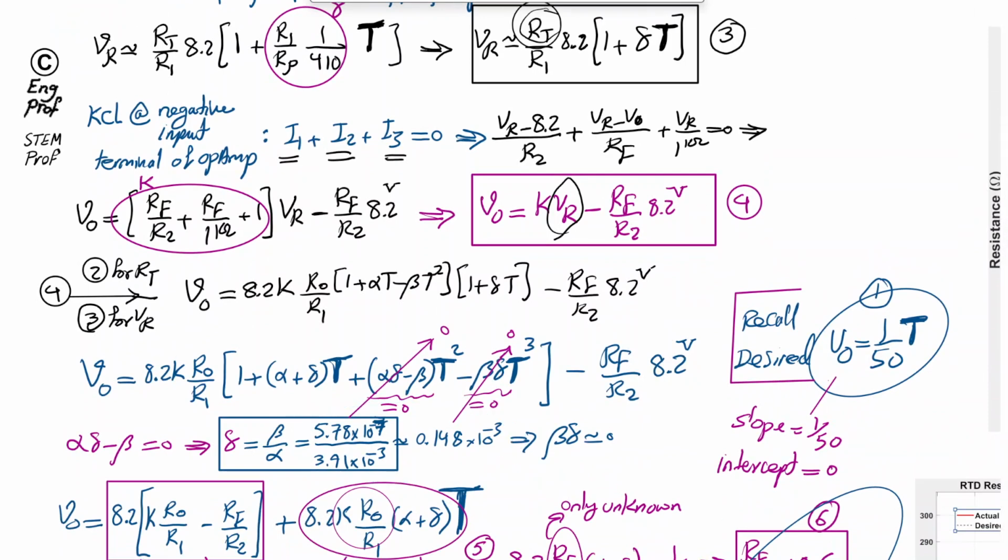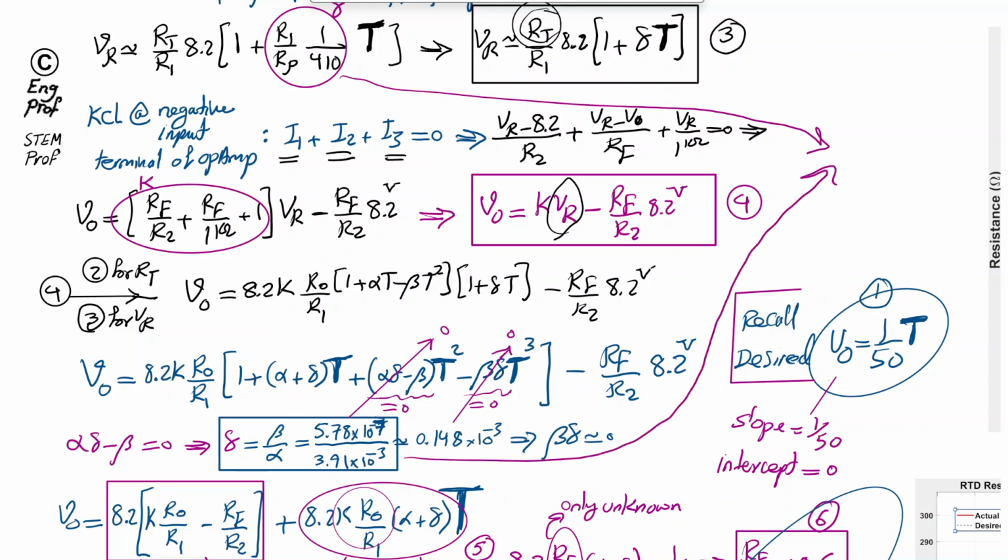So if I use this one, and if I use the outcome here, then the only unknown is Rp. R1 over Rp times 1 over 410 is equal to gamma, which is known or computed already. So if we compute it, because R1 is just 10K, then we get Rp is roughly equal to 165 kilo ohm.